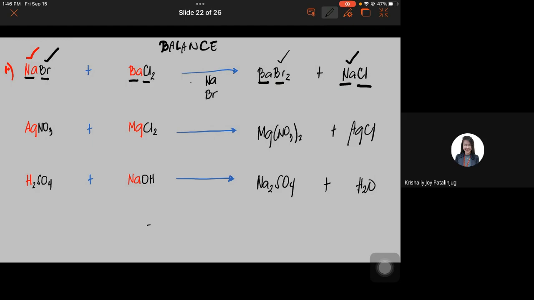So list it down. Followed by, what else? Barium. Barium on the left and barium on the right. And lastly, chlorine. Chlorine on the left, chlorine on the right of the chemical equation, meaning on the reactant side and on the product side. So these are the four atoms of the elements you can observe in the first chemical equation.